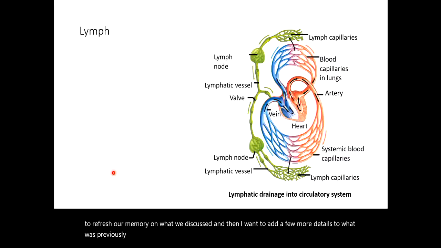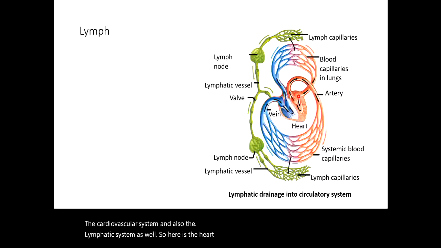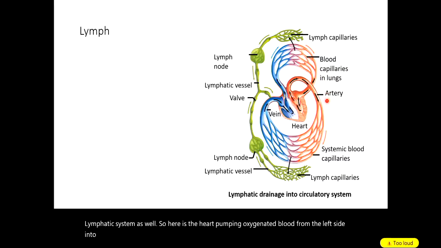This is a very simplistic representation of the cardiovascular system and also the lymphatic system. Here's the heart pumping oxygenated blood from the left side into these arteries, and this blood is being pumped at a very high pressure.